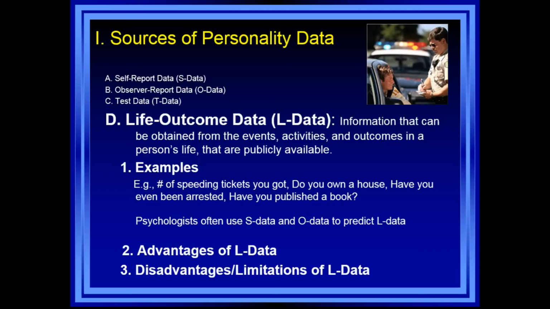They had parents rate the number of temper tantrums that the kiddos had when they were really young, and the researchers were able to predict life outcome data based on those observed temper tantrums when they were little. 20 to 30 years later, they were able to predict life outcome data like unemployment rates, divorce rates, income levels.